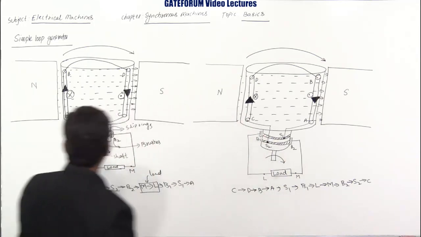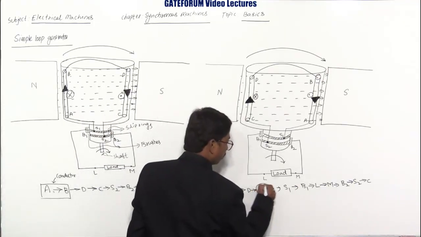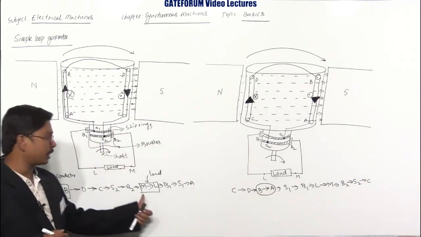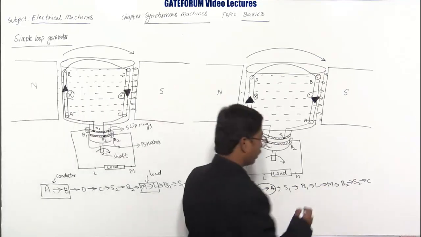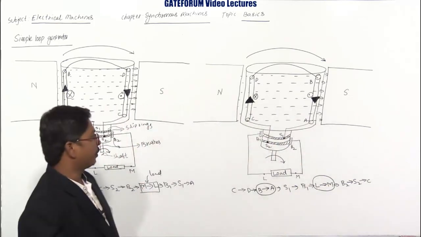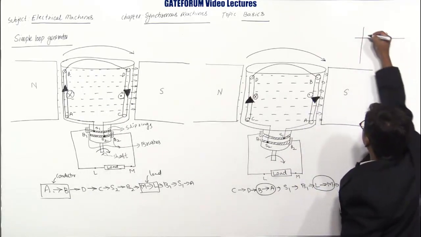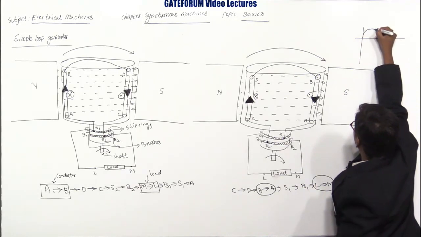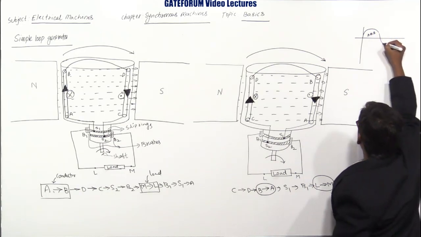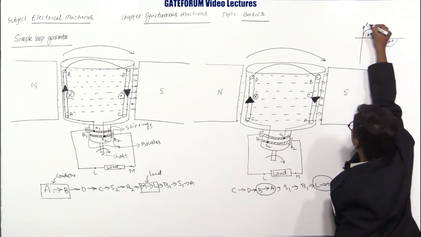Now if you see in conductor AB, in the first half rotation it is moving from A to B, and in the second half rotation it is moving from B to A. Whereas in the load, in the first half rotation it is moving from M to L, and in the second half rotation it is moving from L to M. So if we draw the waveform, the EMF induced in the conductor for the first half rotation is positive, moving from A to B. In the second half rotation it is moving from B to A. This is the EMF induced in the conductor.